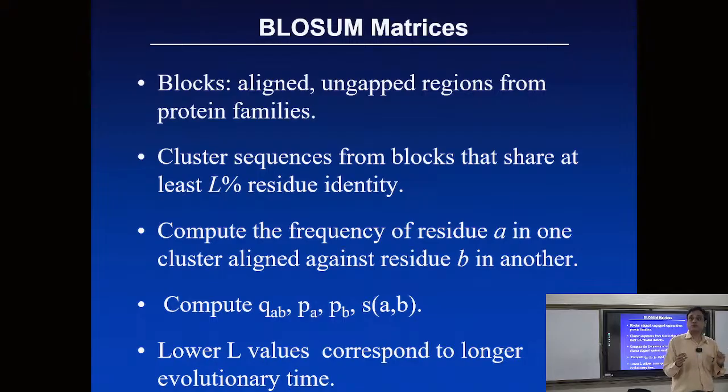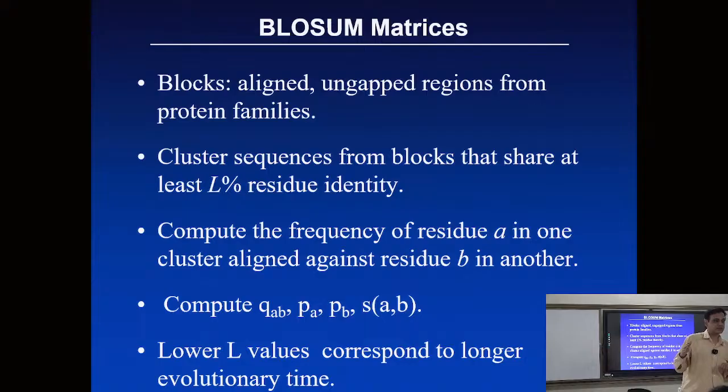So, BLOSUM 62 was found to be very good for scoring the alignment of sequences that were highly similar, as well as for sequences that were moderately dissimilar. Okay. It may not be good for sequences that are highly dissimilar, where you would want to use higher BLOSUM numbers or lower BLOSUM numbers.